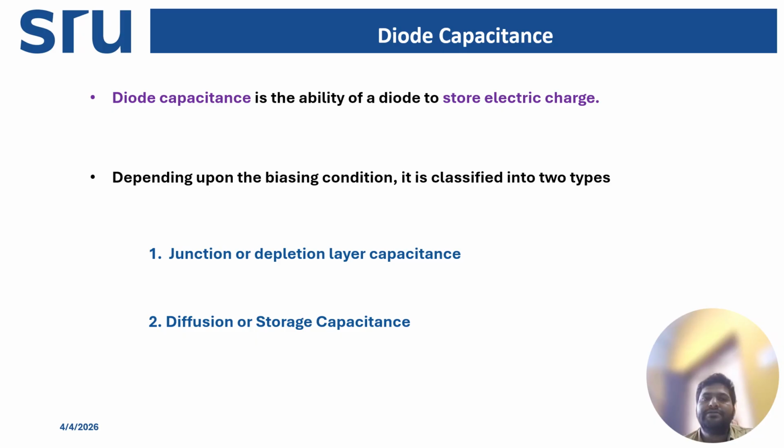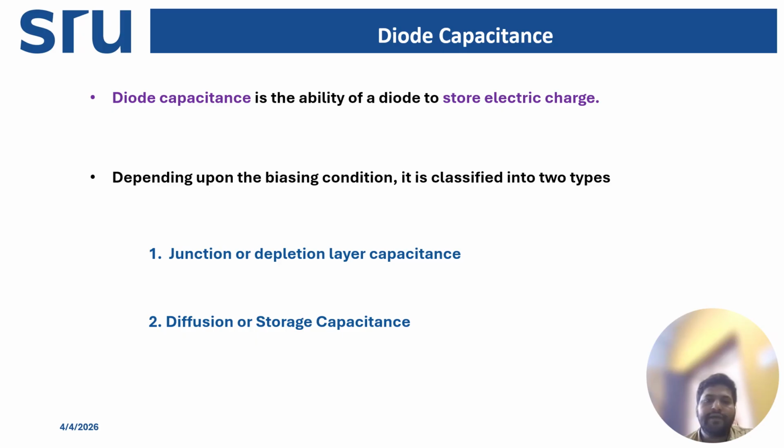In the P region we have like one conducting plate, and in the N region we have like another conducting plate. The depletion region is like an insulating dielectric. So this is exactly like a capacitor structure. That's why capacitance occurs in diodes.